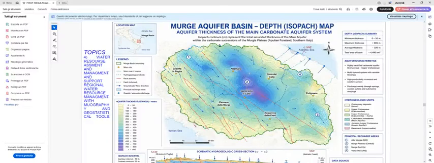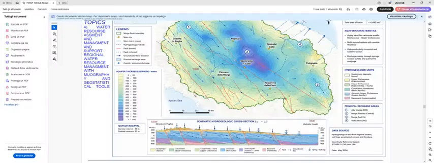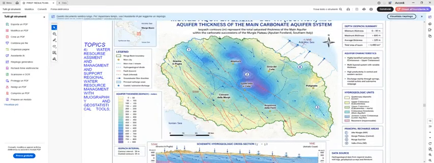So to respond to this basic question, we have tried to map, to produce an aquifer thickness SOPAC map, and you see that the SOPAC map has a perfect convergence with the line of drainage, and so it's really interesting to see this map and make comparison to other hydrogeological cross-sections.